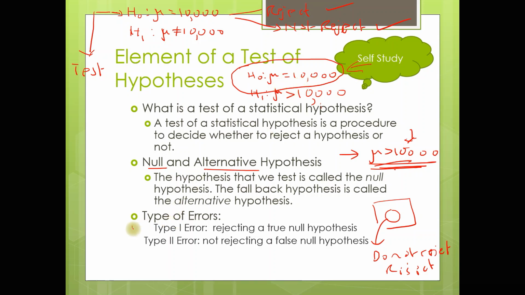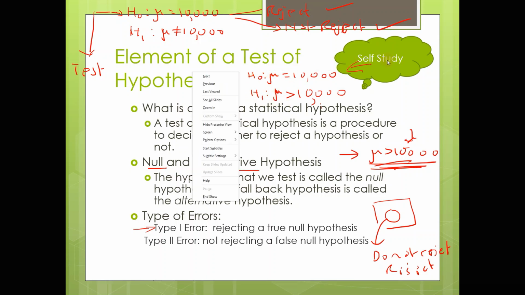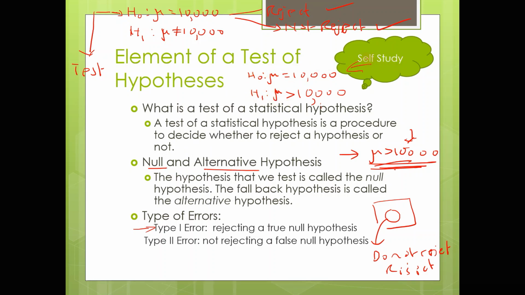If this is the case, you have made an error, and this is what we refer to as a type 1 error. However, there is another type of error, which is not rejecting a false null. So now you came to a conclusion: don't reject the null. But in fact, suppose the null was false.